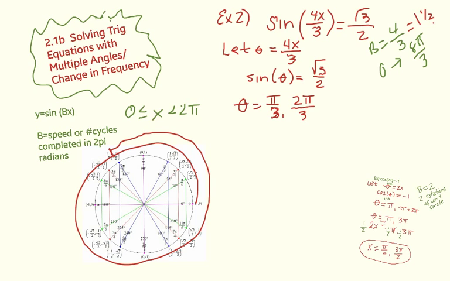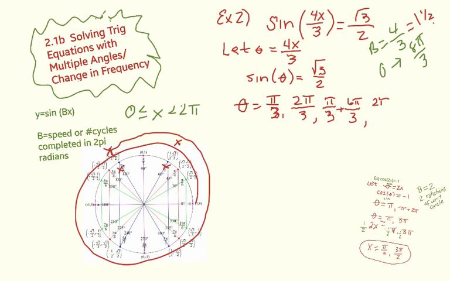So we hit this guy the first time, and now the second time around we're going to hit this angle again, but it's going to be coterminal. So I'm going to say that this is pi over 3 plus 2 pi, which I'm going to write as 6 pi over 3 so I can add them. And it actually looks like 2 pi over 3 is where we're stopping, so I'm going to have that angle a second time as well.